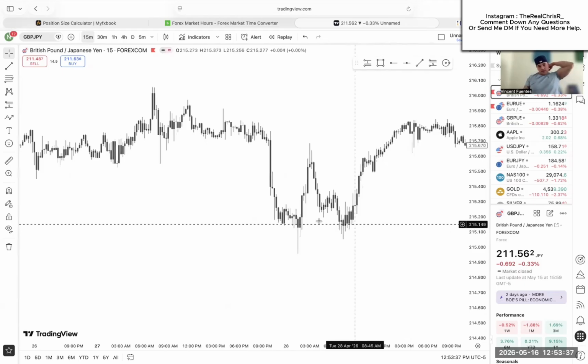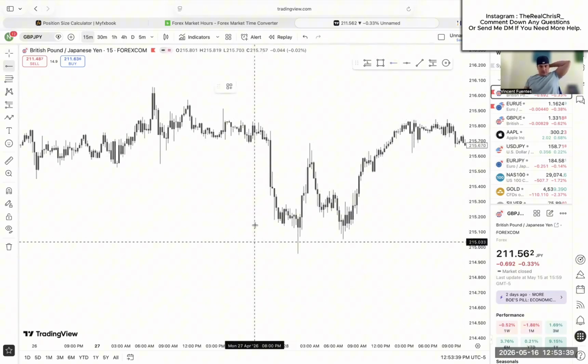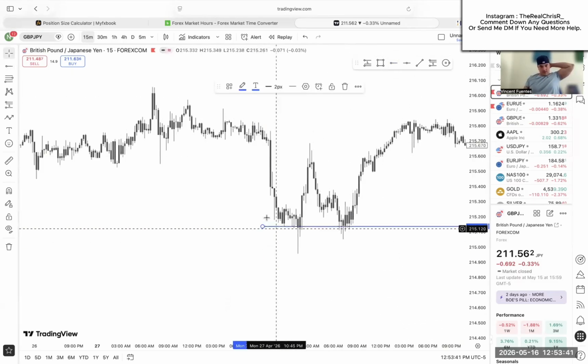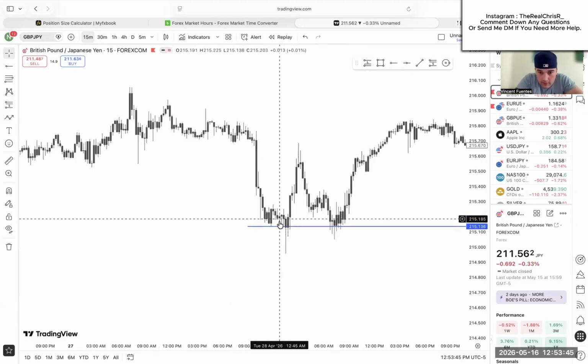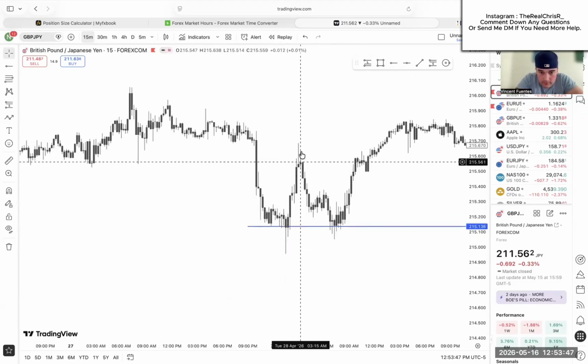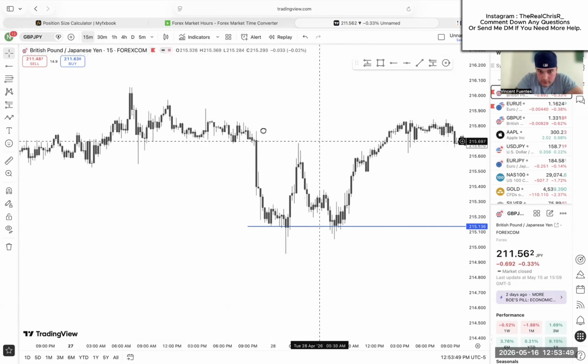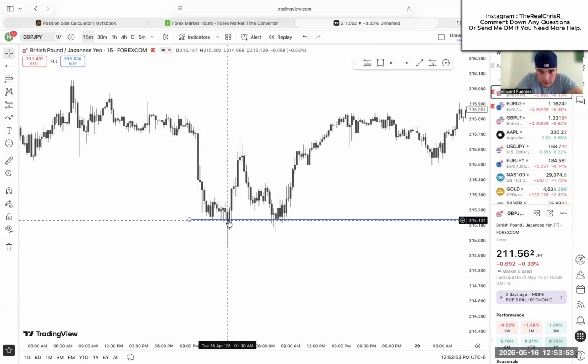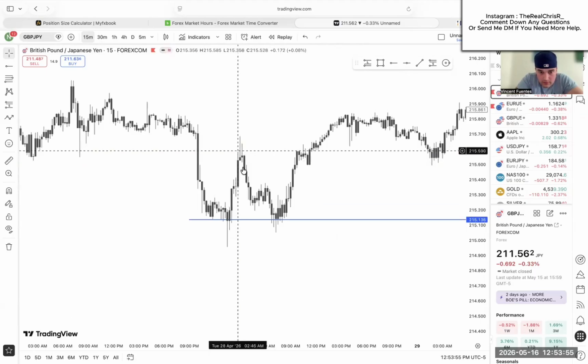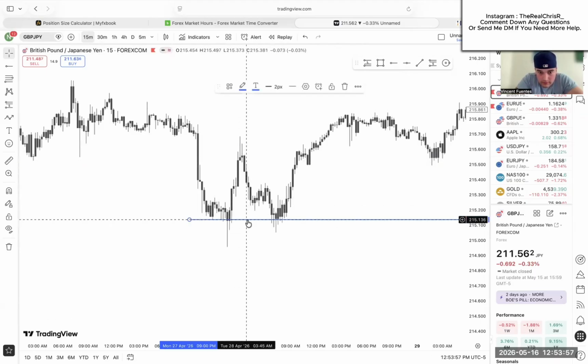Look right here. Also, this is another great example. You got your support right here. You see price coming and playing out right here, right? And it shoots off for the buyers. You're like, oh, okay, there must be something important with price right here that made it shoot all the way back up. So you just get this.